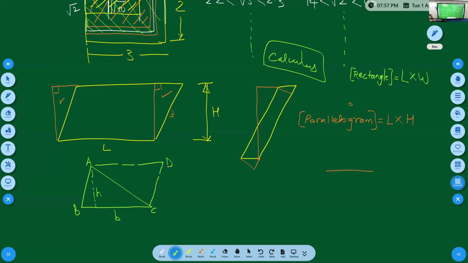So ABCD is a parallelogram, and if you join any one of the diagonals of parallelogram, it gets divided into two congruent triangles. Or at least we have to use parallelogram properties. This side is equal to this side is equal to this. Therefore, by SAS, these two triangles are congruent, and therefore, area of parallelogram is B into H, and we are using triangle. Therefore, area of triangle is half B into H.